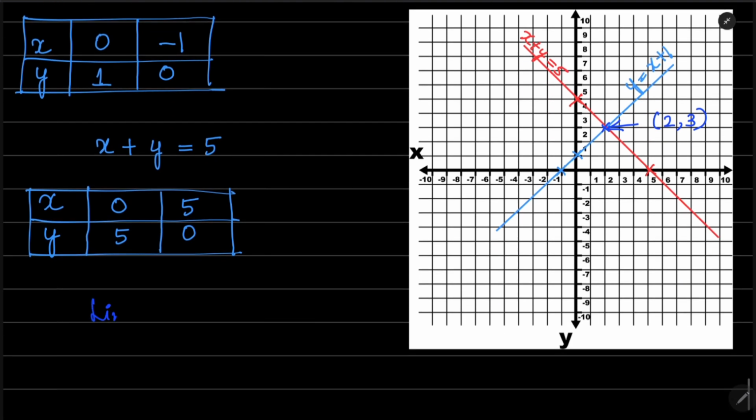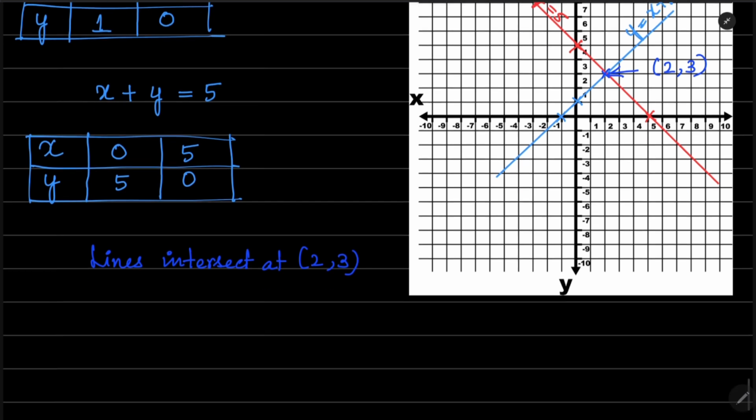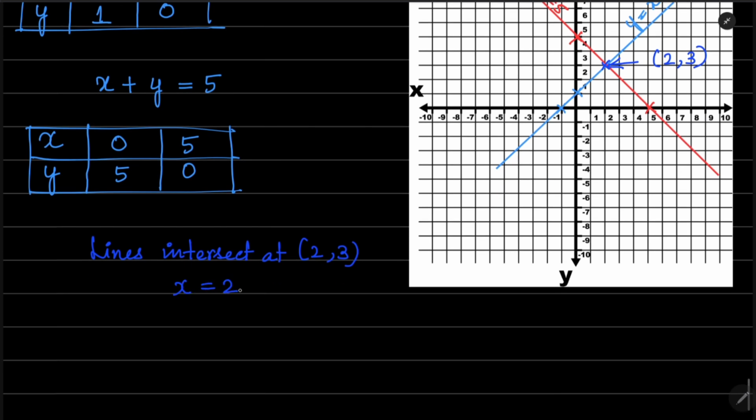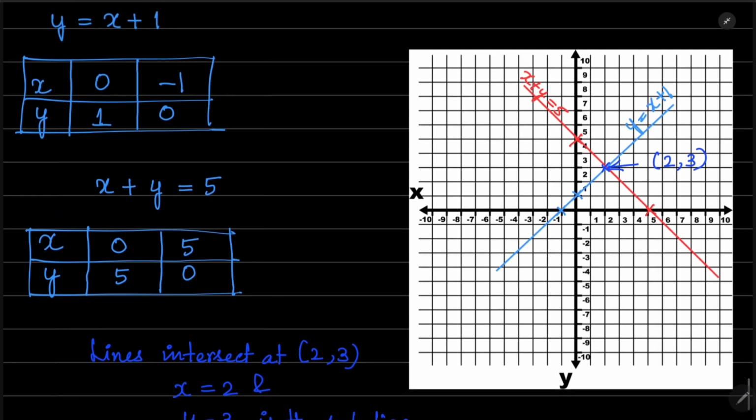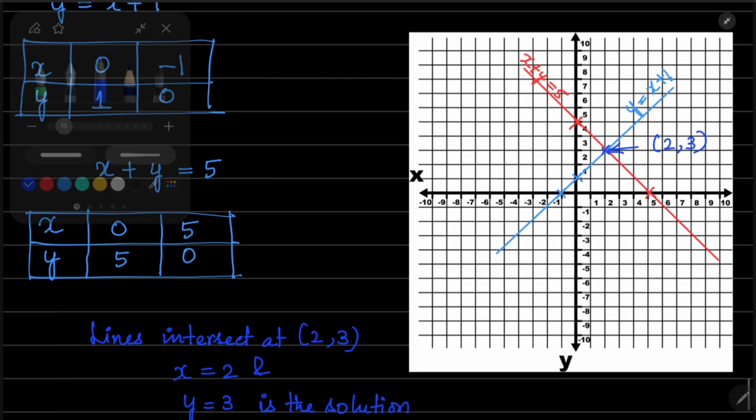So the lines intersect at 2, 3. So x equal to 2 and y equal to 3 is the solution. Okay, this is how you have to write. Now let's move on to the next question.